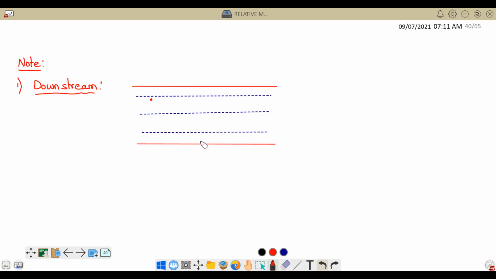Generally they'll give this river velocity. From now onwards, we'll take it as U. River velocity is actually velocity of river with respect to ground, but in general they'll take it as U. So this is some 5 or something, whatever it may be.